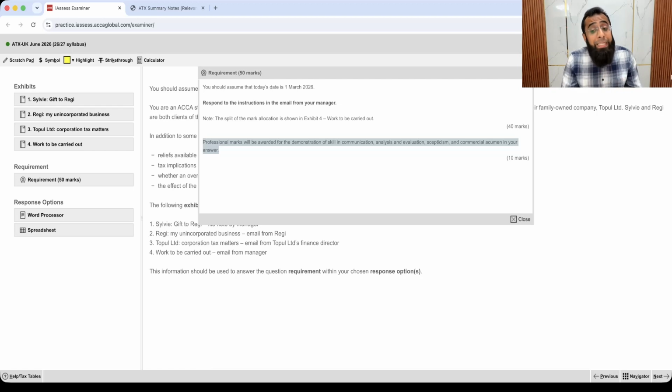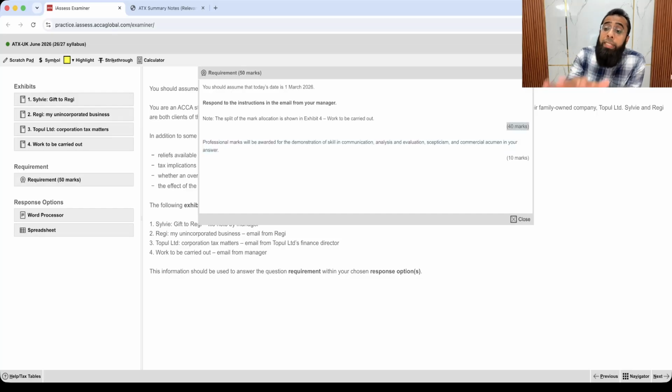Commercial acumen, practical advice, not just advice relating to rules, advice practically, like whether it will be beneficial for the client in long term or not. So while answering, we'll be applying these professional skills. The examiner will evaluate your overall answer to check whether you have answered it in a professional manner or not.